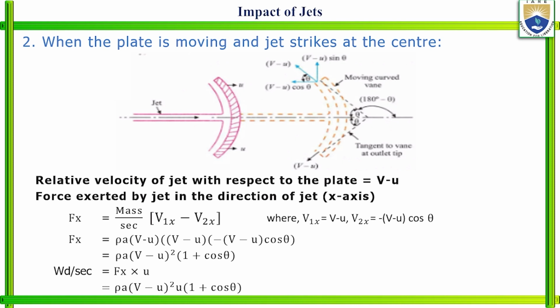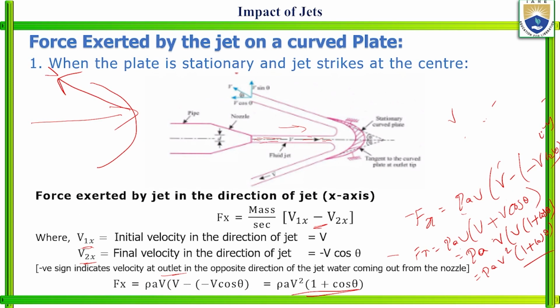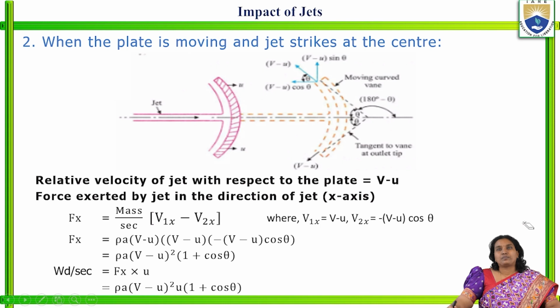Now, this is the force exerted by the jet on a curved plate when the plate is stationary and the jet strikes at the center. Now move on to when the plate is moving and the jet strikes at the center.